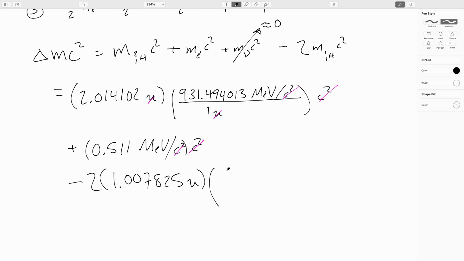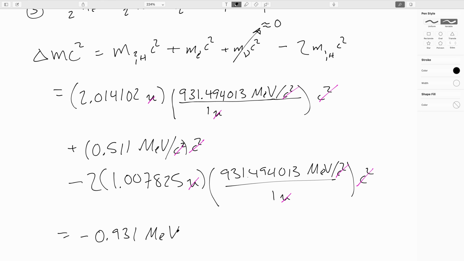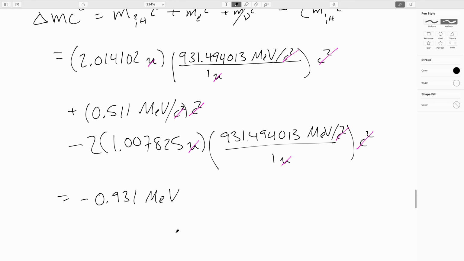And again, converting, that's 931.494013 mega electron volts per c squared per atomic mass unit. Then we're taking the whole thing and multiplying that by c squared. So the atomic mass units cancel and the c squareds cancel. And when it's all said and done, this is minus 0.931 million electron volts.